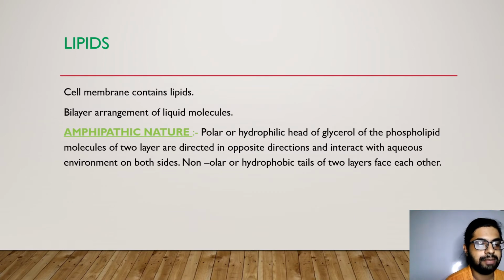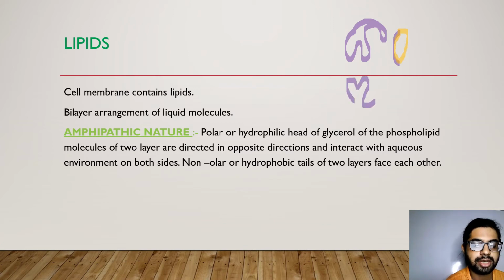So lipids, as I described earlier, are present with cholesterol moieties. Let's take different colors. You see, these two lipid molecules are facing each other, so does the cholesterol moiety.